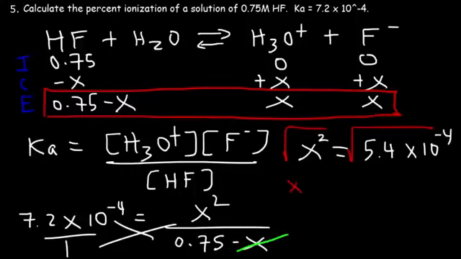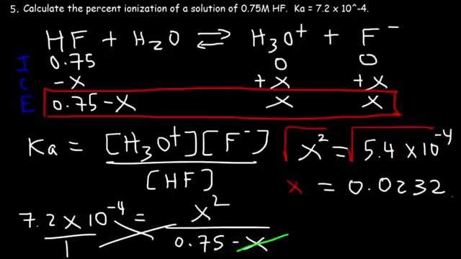So X is equal to 0.0232. So 0.75 minus 0.0232, that's about 0.7268. It doesn't change that much. It changes a little, but we're going to go with this estimation.